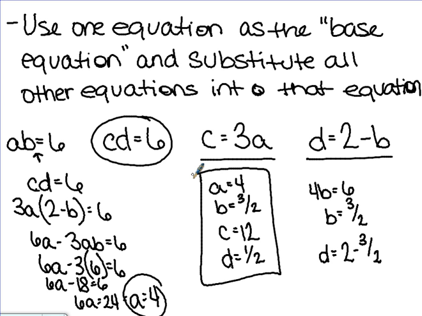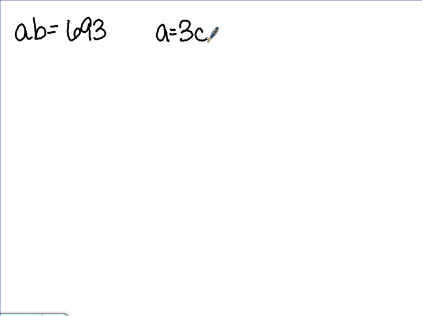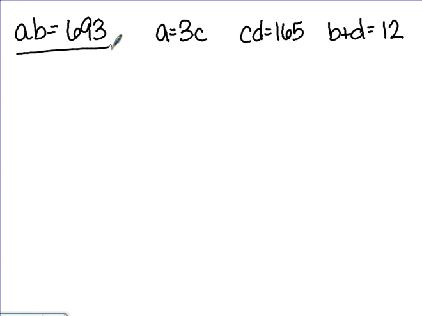All right, let's look at one more. We have AB equals 693, A equals 3C, CD equals 165, and B plus D equals 12. Again, I'm going to pick one equation that will be my base equation, and everything else I'm going to substitute in. I'm going to use my base equation, AB equals 693.